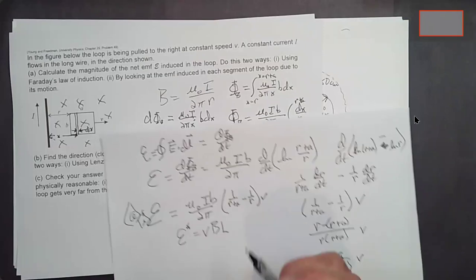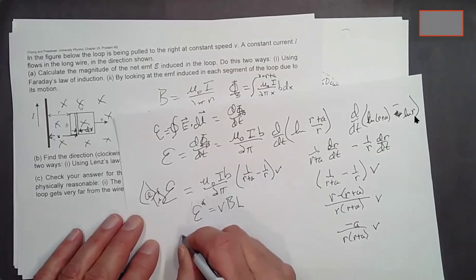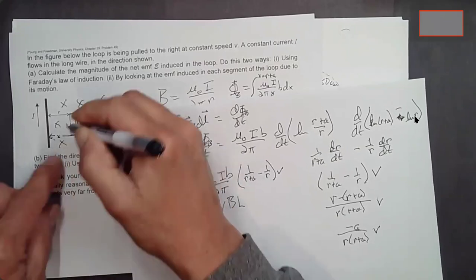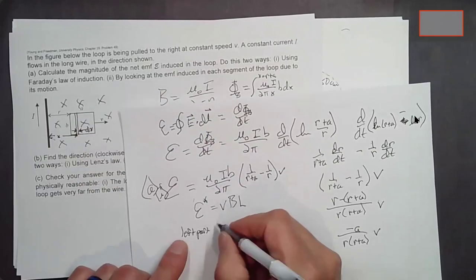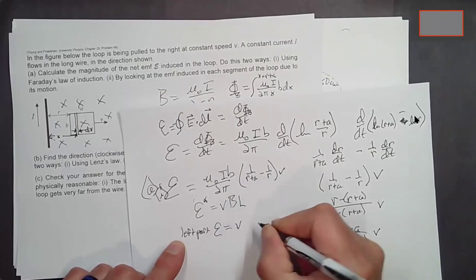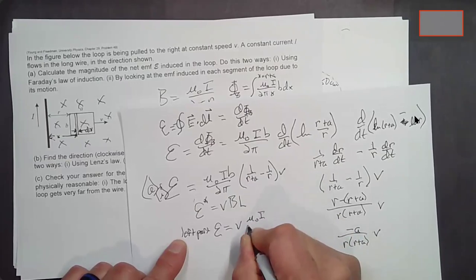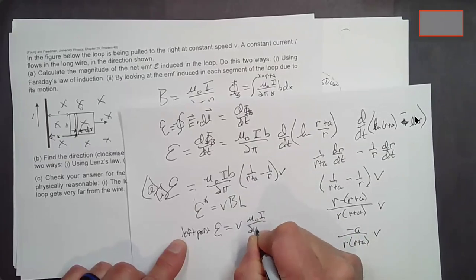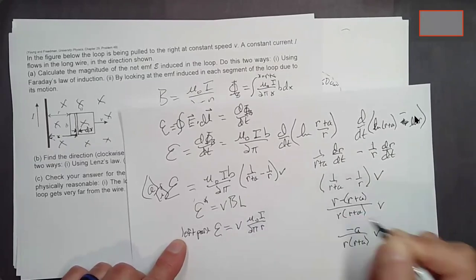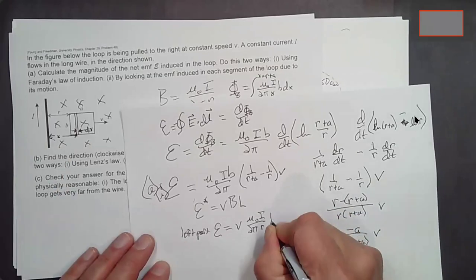But the B for the left part, the left part of this rectangle there, is going to equal mu naught I over 2 times pi times lowercase r. And then the length of this is b.